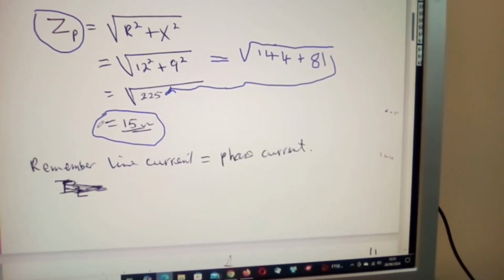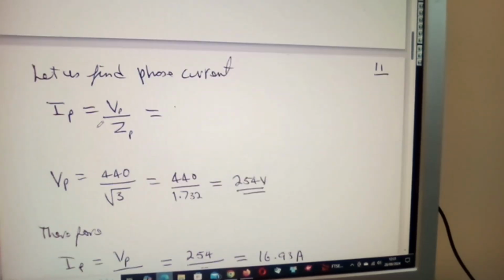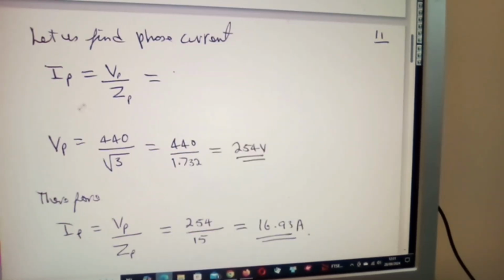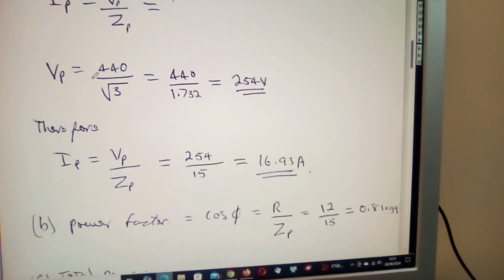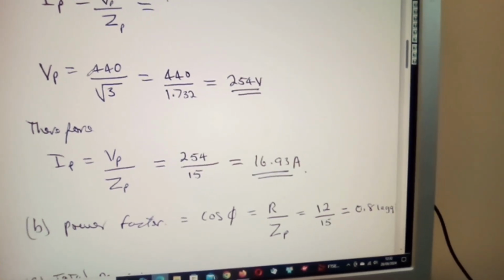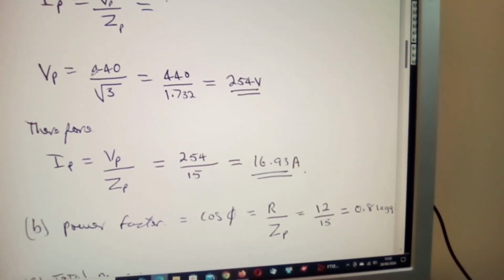And remember, line current equals phase current, okay? So let's find phase current. IP equals VP over ZP, okay? We've been given that in the question, 440, okay? Voltage phase. And we have to divide that by the square root of 3, which is 440 over 1.732.